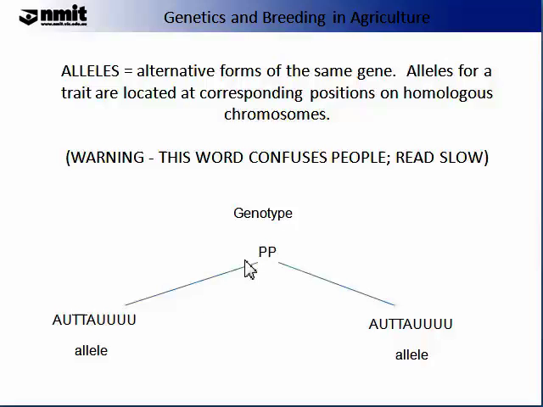You will notice that both of these alleles are identical or homozygous, and therefore both are the same. The technical definition of alleles is that an allele allows for a trait that is located at a corresponding position on the homologous chromosome.